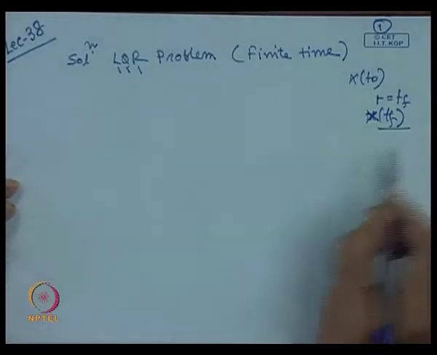Agree? That is our problem. What should be the choice of our control input so that it satisfies our performance index, including the terminal cost?